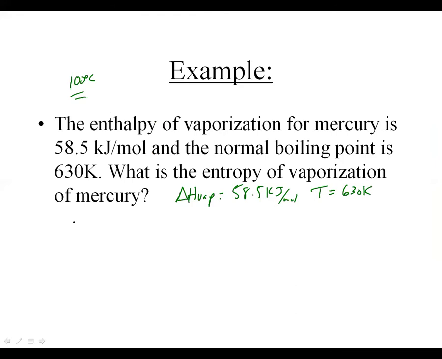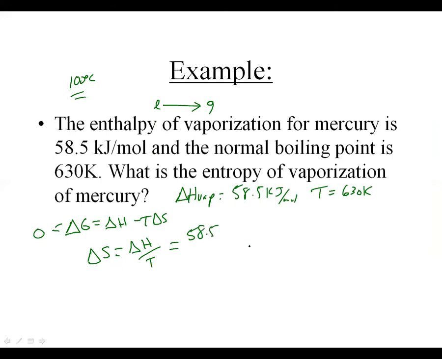So again, using our formula here, because we're doing our phase transition, our delta G is going to equal 0. So rearranging that equation is going to give us our delta H over T. And in this case, we will assume that we are going from liquid to gas, and our delta H would be positive. So it's going to be 58.5 kilojoules over our temperature, which is already converted into Kelvin.